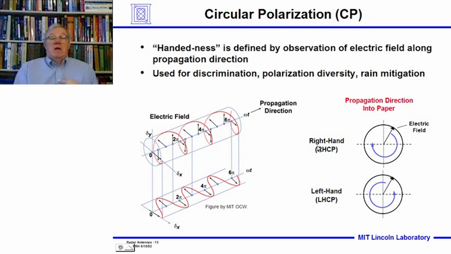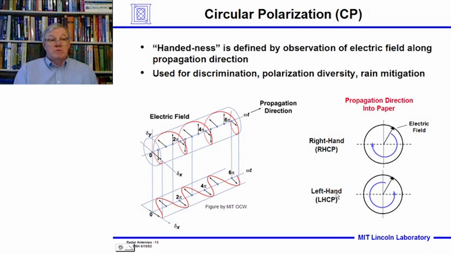Now, if you're behind the vector, at the antenna looking out, and the electric field vector goes in a clockwise direction, it's called right-handed circular polarization. And if the electric field vector goes in the opposite or counterclockwise direction, that's a left-handed circular polarization vector.